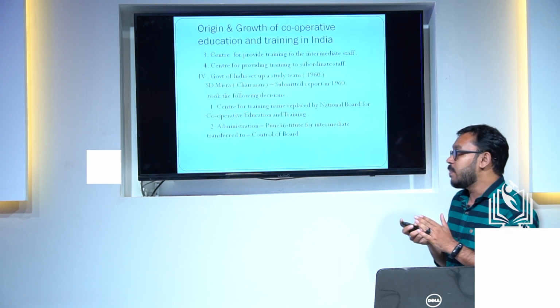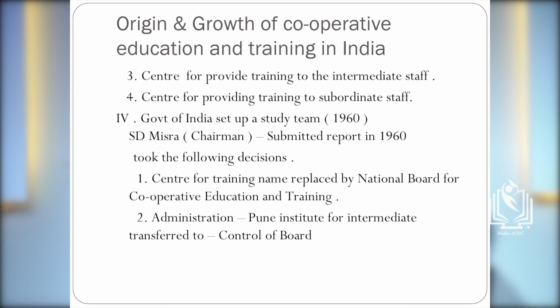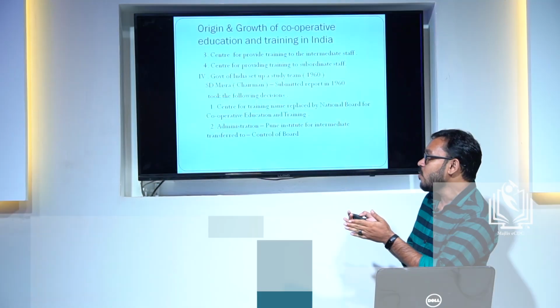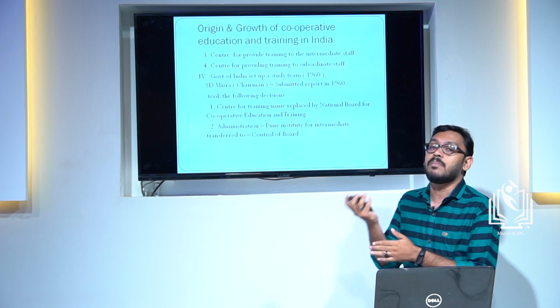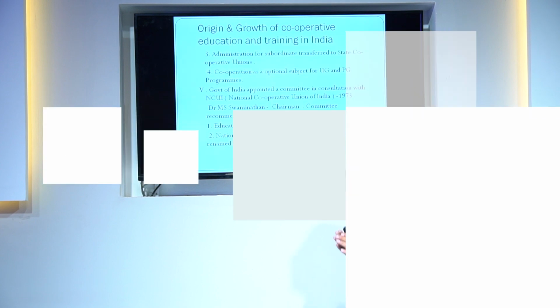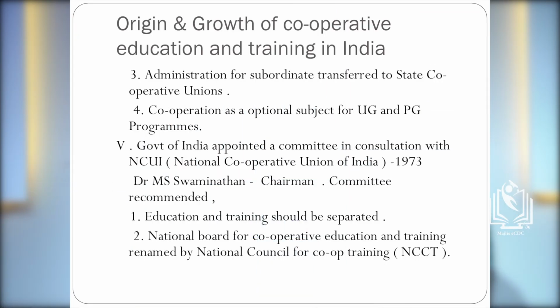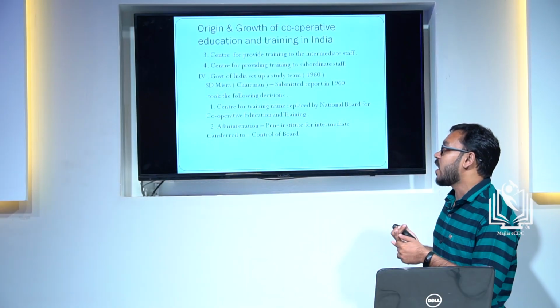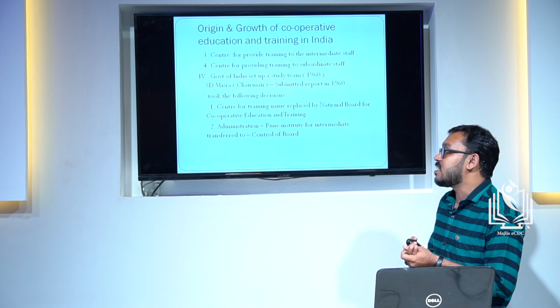The entire administration of the Pune Institute for Intermediate training was transferred to the control of the board, and the administration of the subordinate training centers was transferred to the state cooperative unions. The fourth decision is cooperation as an optional subject for UG and PG courses. So, these are the 4 decisions by S.D. Misra.